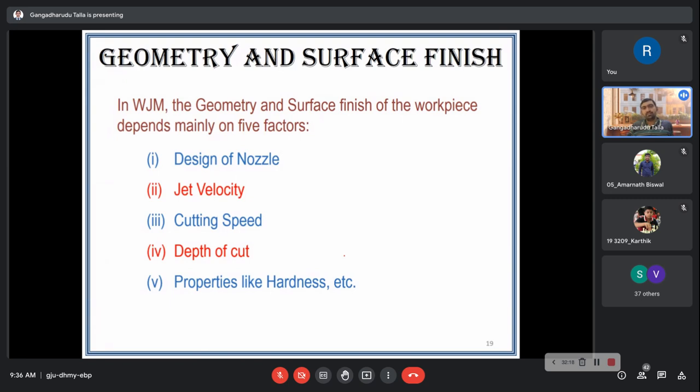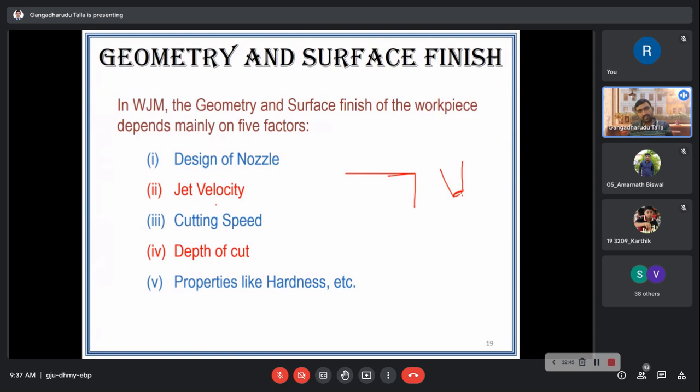So design of nozzle, what does it mean? The nozzle cross section may be different. It can be circular or rectangular. Rectangular type nozzle we have seen earlier in abrasive jet machining. Based on that, the surface finish will vary.